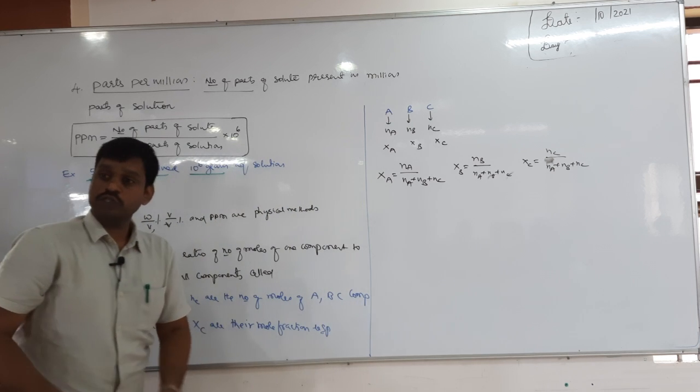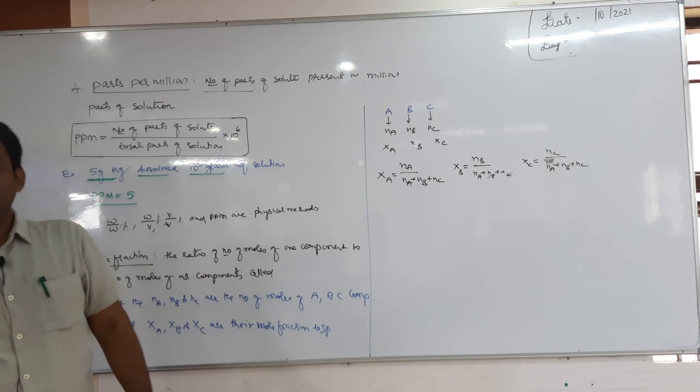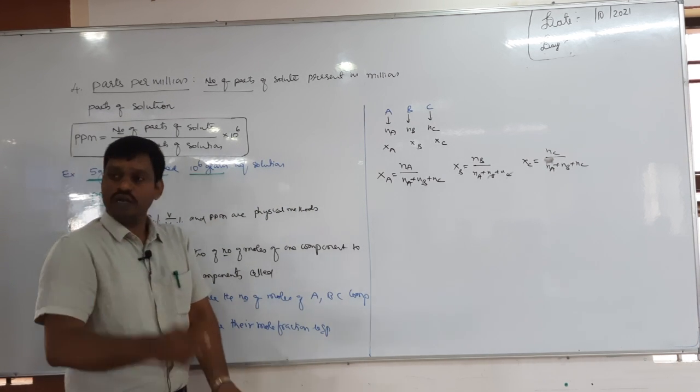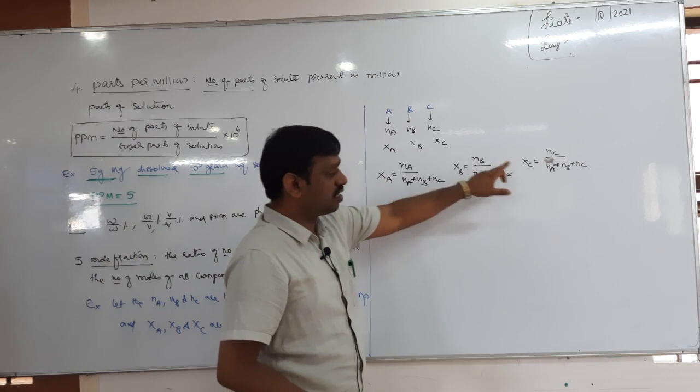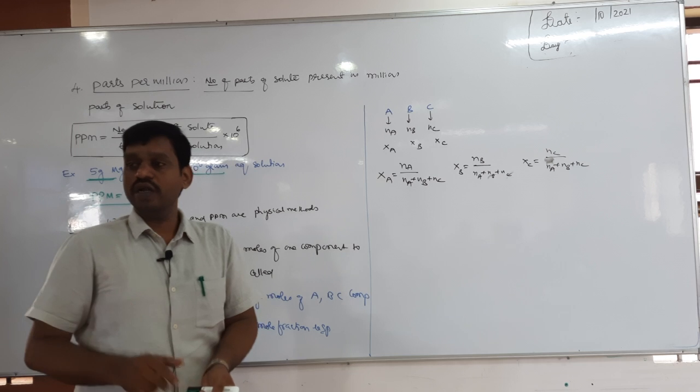But we also know that the sum of the mole fractions of all the components is always equal to 1. So the sum Xa plus Xb plus Xc is always equal to 1.